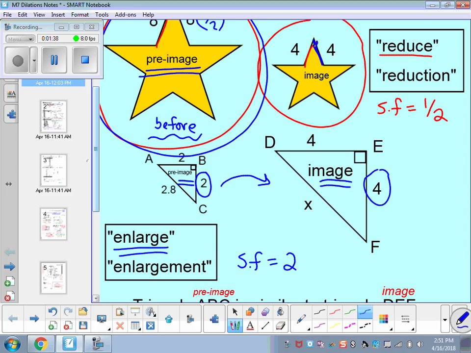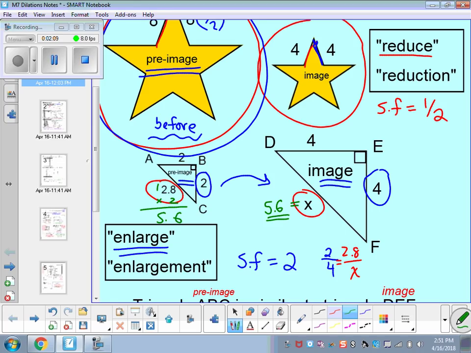Okay? So that being said, what we did in our last unit was we said, well, if 2 goes with 4, then x and 2.8 go together, and we can cross multiply and divide. Okay? Now a lot of people can simply multiply 2.8 times 2 and get that this value would be 5.6, and that would be the missing value of x.